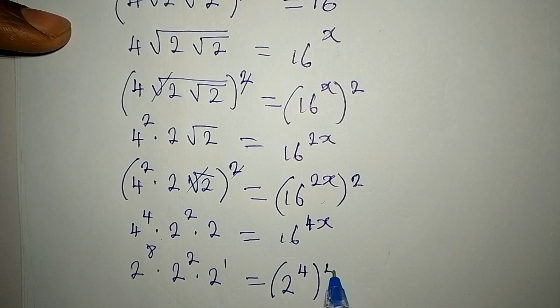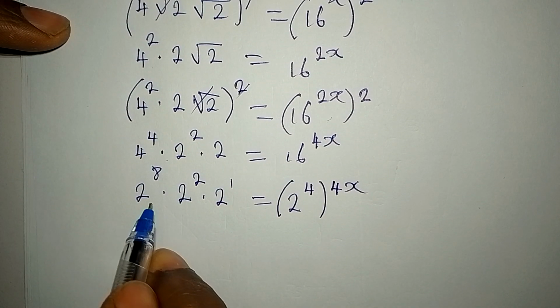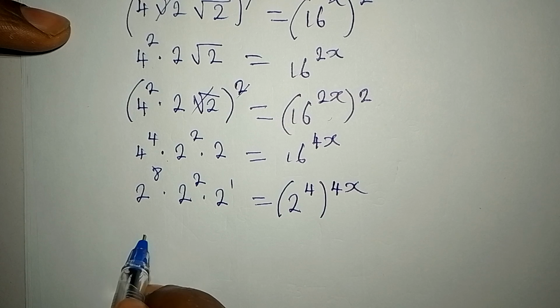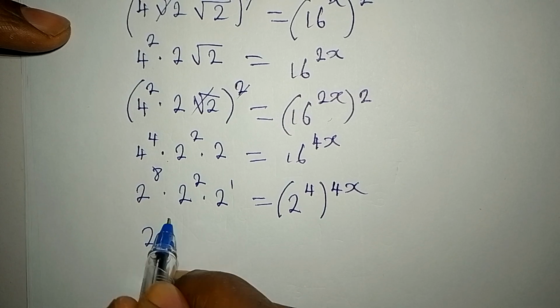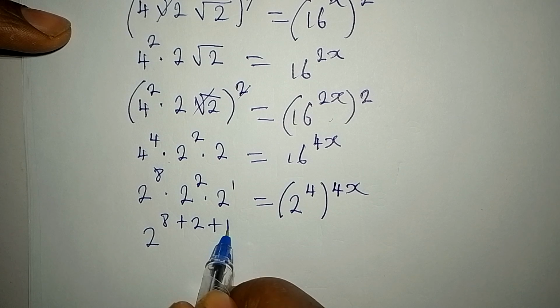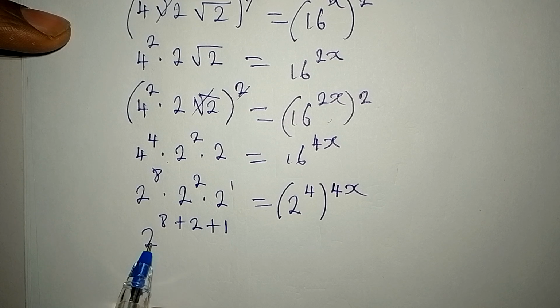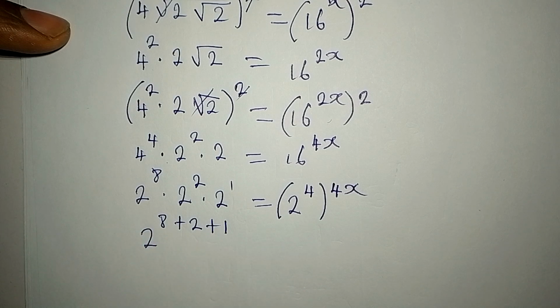Then we have 4x as the power. Then from here, I'll pick one of the bases, which is 2. Then 8 plus 2 plus 1. Because according to one of the rules of indices, if you are to multiply and the bases are the same, you pick one of them and add the powers.